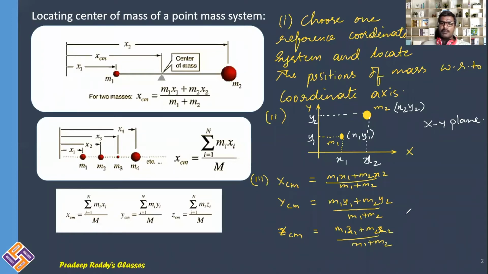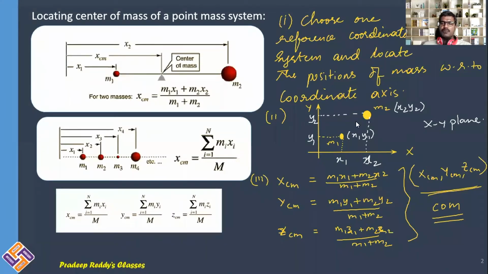So these are XCM, YCM, ZCM. Individually, you need to find the center of mass positions along x, y, z separately. This is the stepwise procedure required to find the center of mass of any given point mass system.